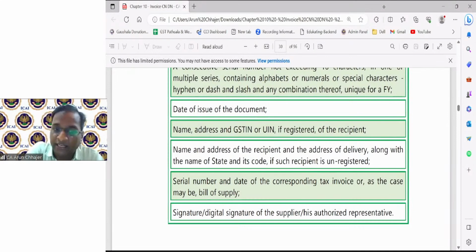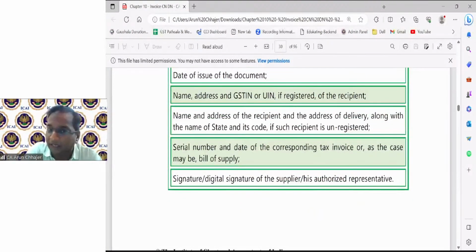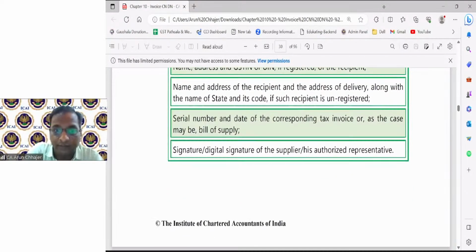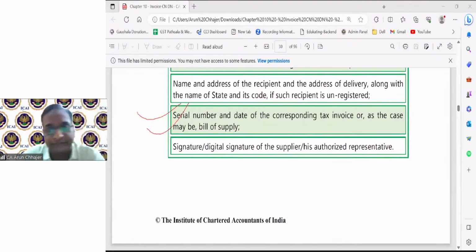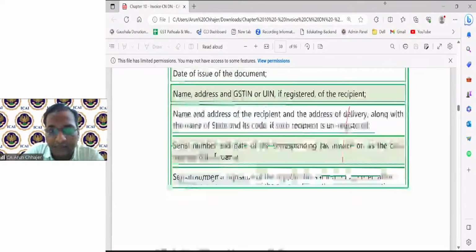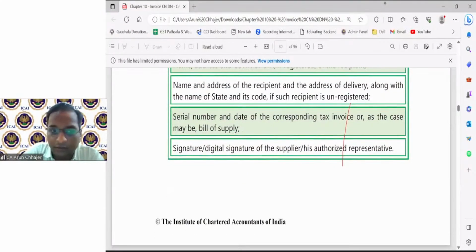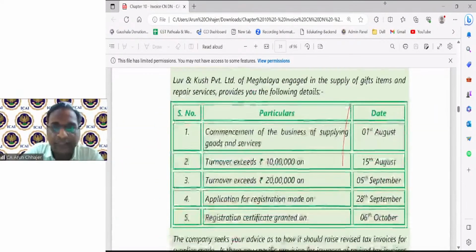Name, address along with delivery, along with the name of the state and the code, if unregistered. This is important: serial number and date of the corresponding tax invoice, or as the case may be, bill of supply. Then name, address, GST, serial number and date, and digital signature. These are the contents.